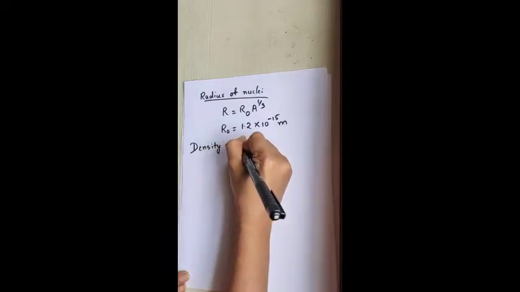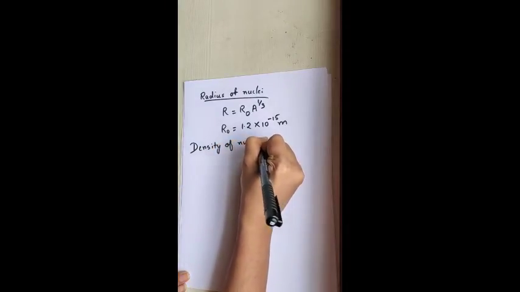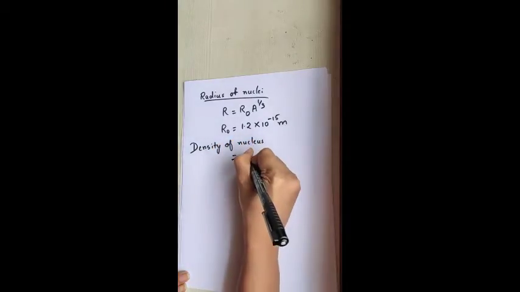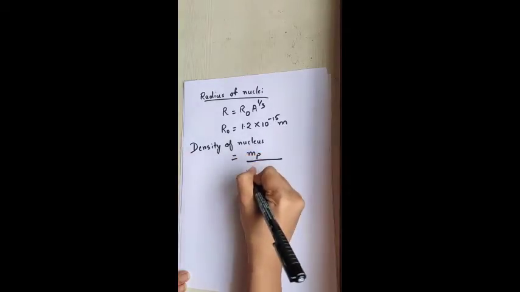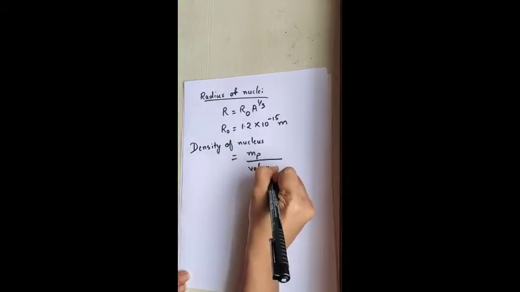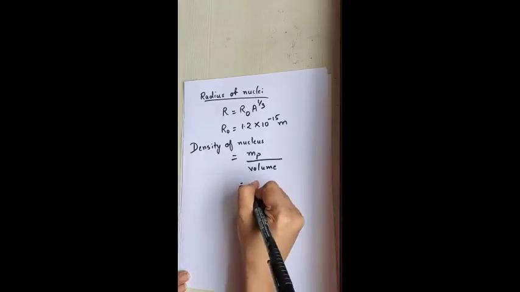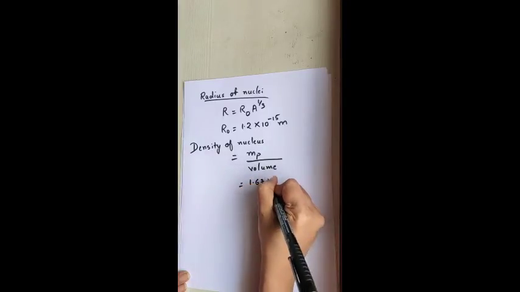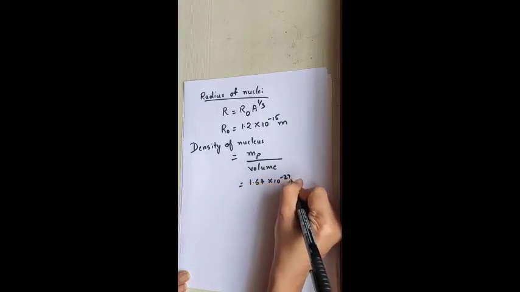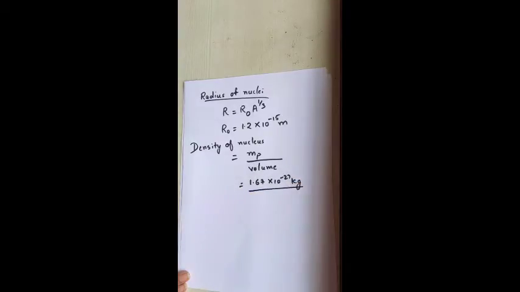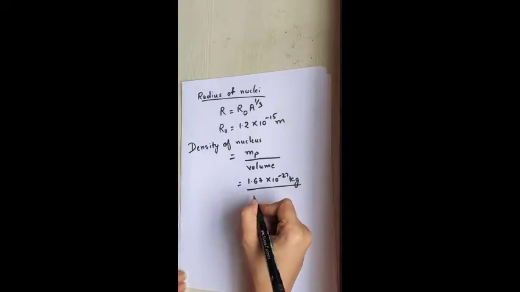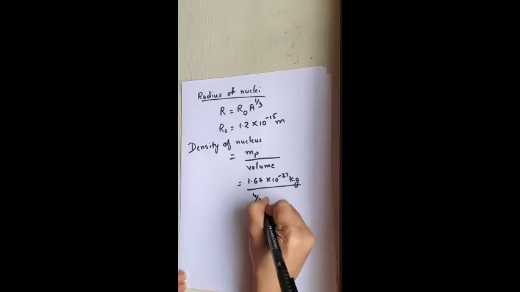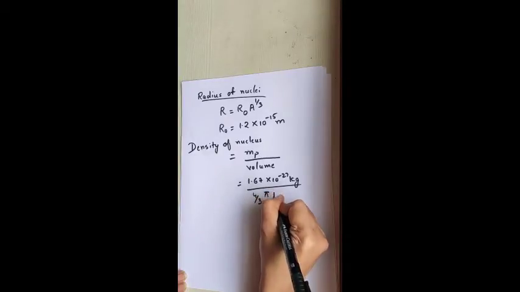So the density of nucleus is found to be the mass of proton divided by the volume. This we know as 1.67 into 10 power minus 27 kg divided by the volume of the sphere, which is 4 by 3 pi R0 cube.